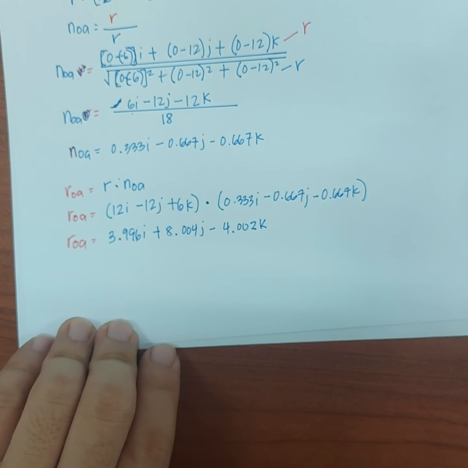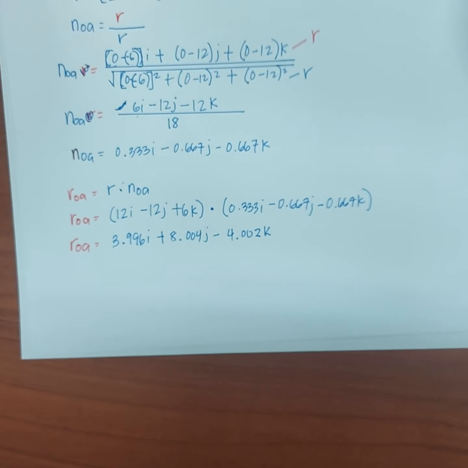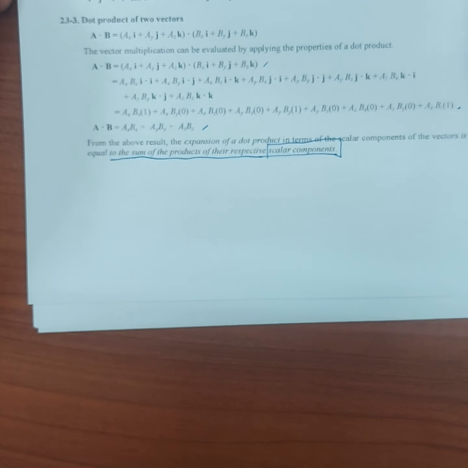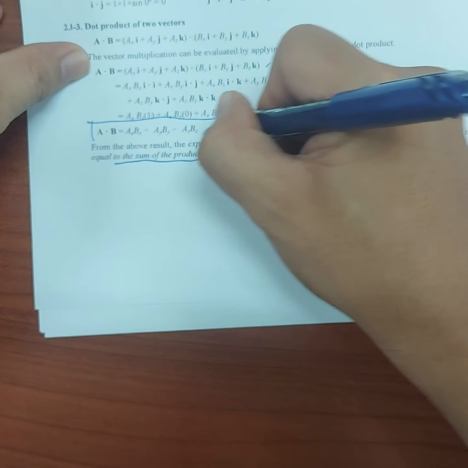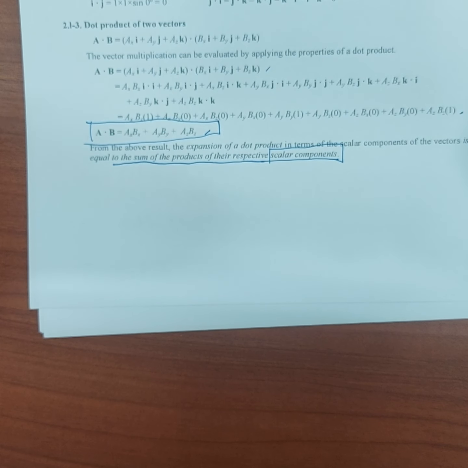Remember, I said earlier that we would check the derived expression for the dot product of two vectors.